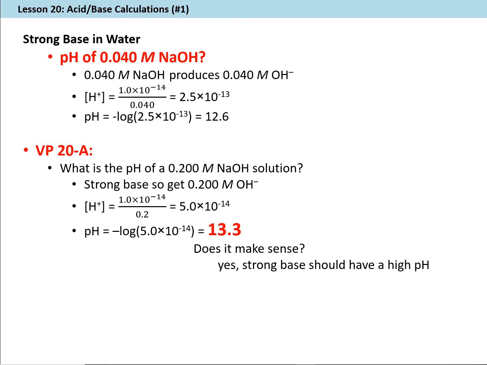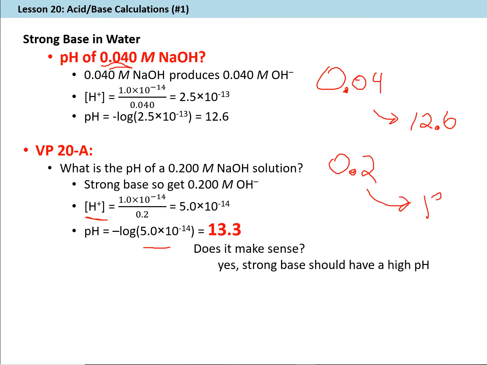So I calculate H+, then I use pH equals negative log H+ to get pH. Well, it makes sense that if I have a higher concentration of base, I get something that is more basic.